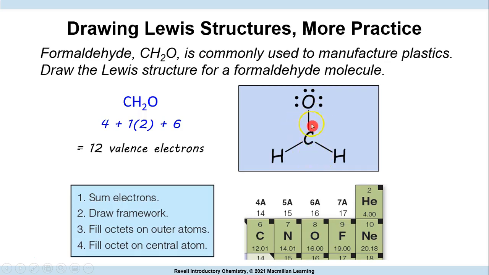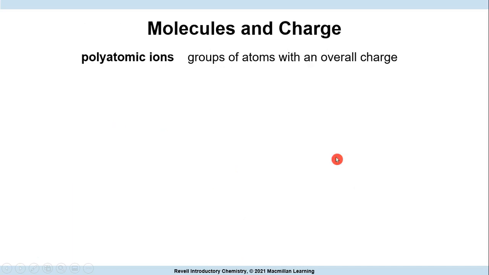If we convert one of these lone pairs to a bond, carbon is going to have 4 bonds, that is 8 electrons, and the octet will be complete. Carbon now has an octet, oxygen has an octet, and the hydrogens have a duet.